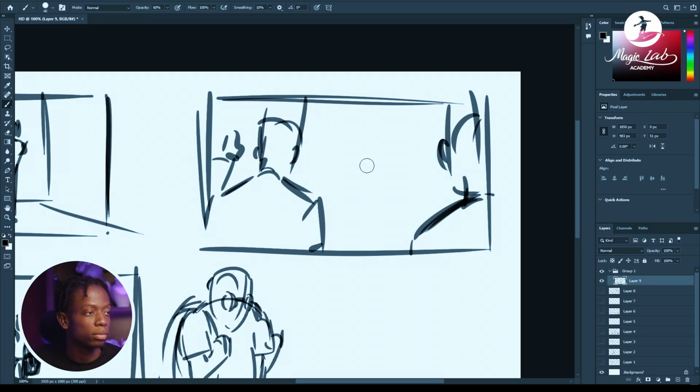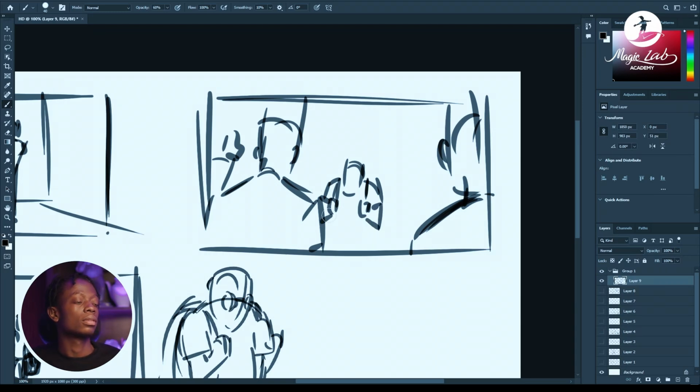And then we have him just coloring here. I don't really want it, please. Leave me alone. Yeah, this shot shows that he's trapped.